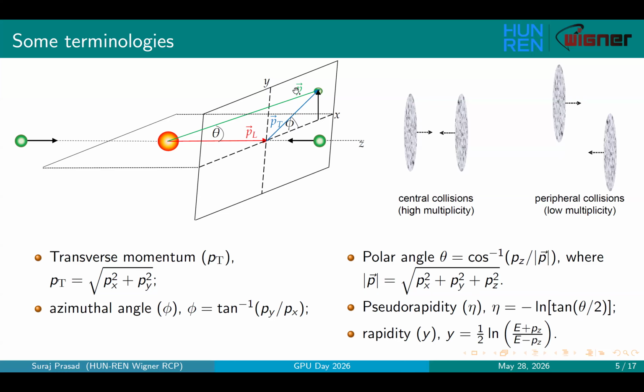This momentum can be resolved into different axes, px, py, pz, and using that we can calculate different observables such as transverse momentum, azimuthal angle, polar angle, and rapidity.